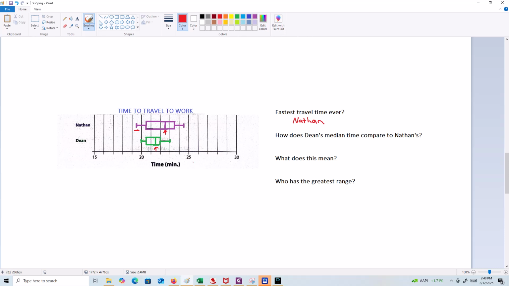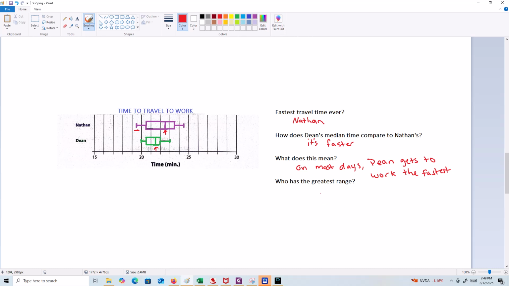This means that on most days, Dean will get to work faster than Nathan. On most days, Dean gets to work the fastest.